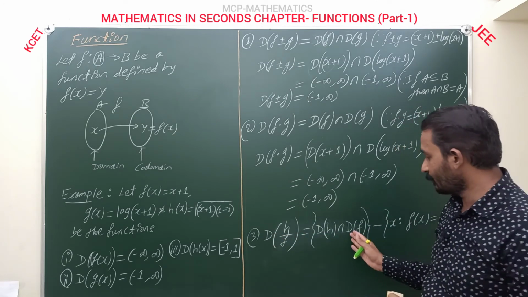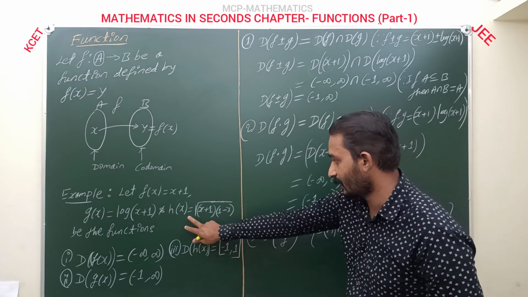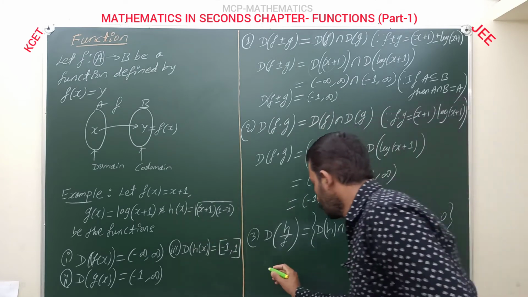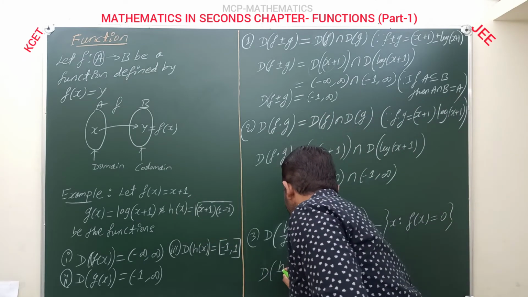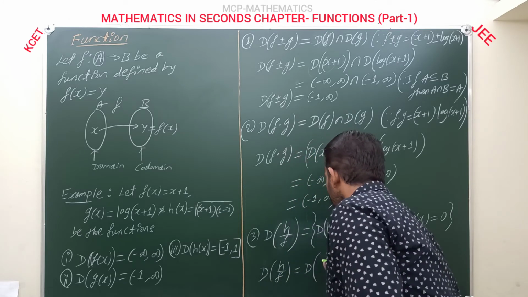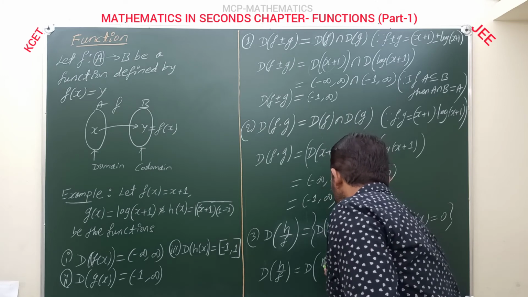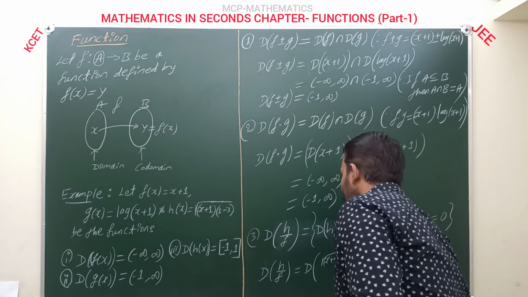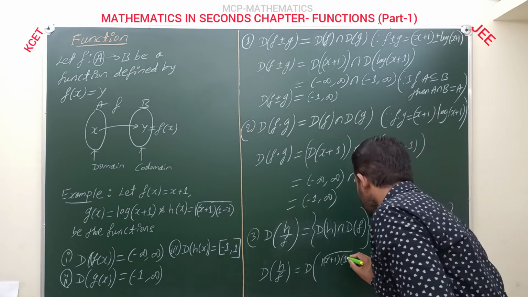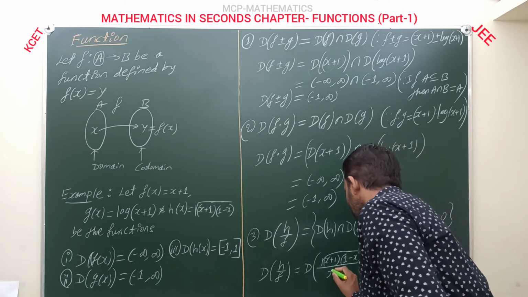So using the same rule, we have to find out the domain of h by f. H is this function, f is this function. In this case the domain of h by f is nothing but the domain of square root of (x plus 1) into (x minus 1) minus x, 1 minus x, divided by f, which is x plus 1.